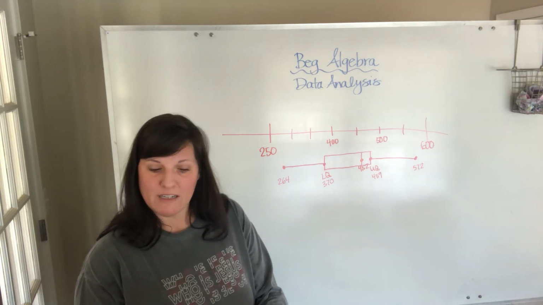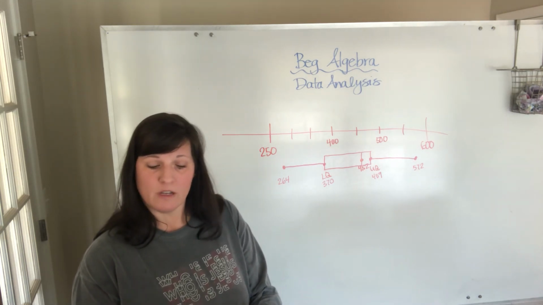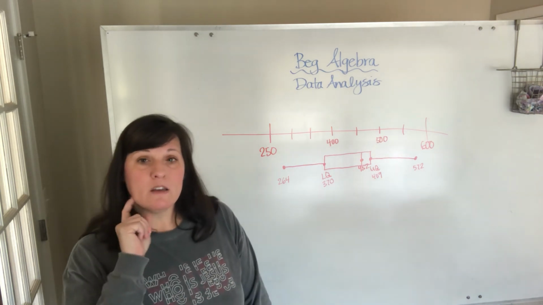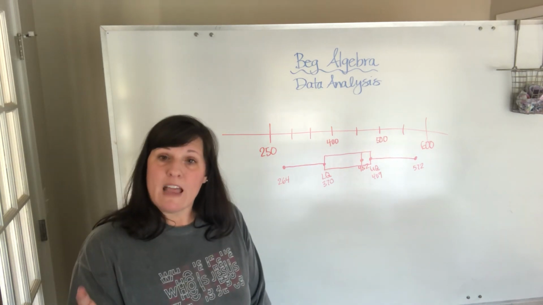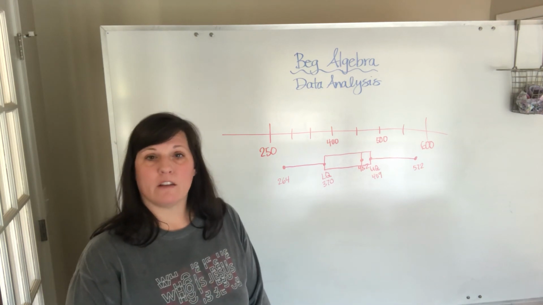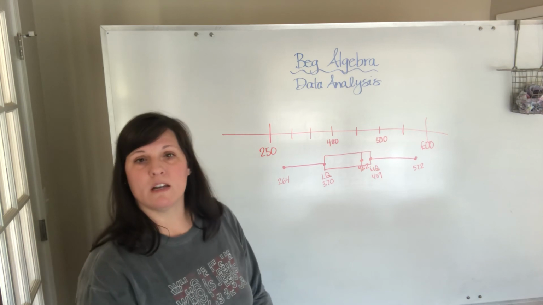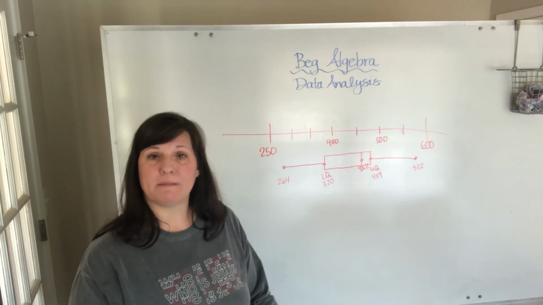Boston has the widest range of temperatures, but you're comparing 2. So in one of your problems, you will be comparing 2 sets of data. And so that's how you do that. You just put them on the same number line and you identify which one is the different sets of data.